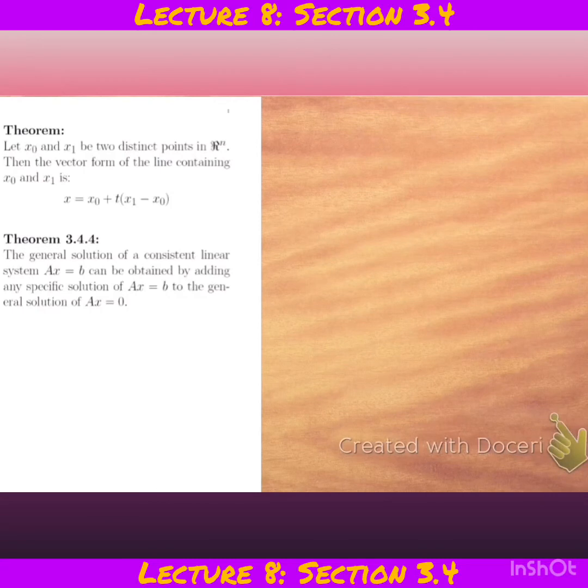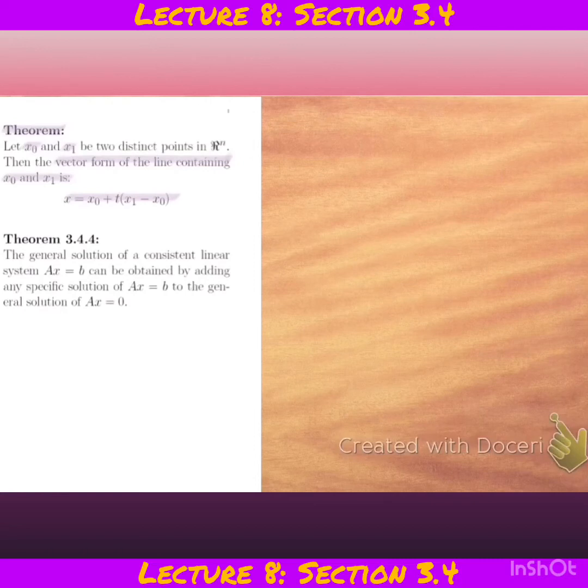Right, so this theorem gives us a way of finding the equation of a straight line going through 2 points. We already touched on this in a previous example. If you're given 2 points, I want to find the vector form of the line containing x0 and x1, and it's basically that form there.